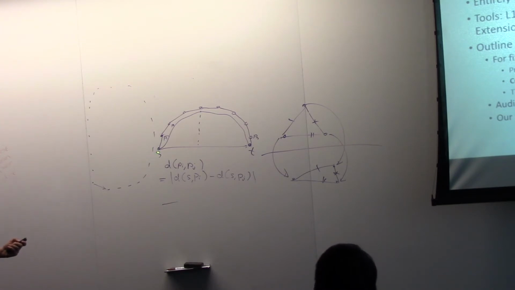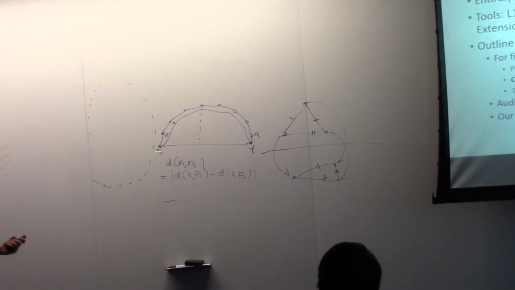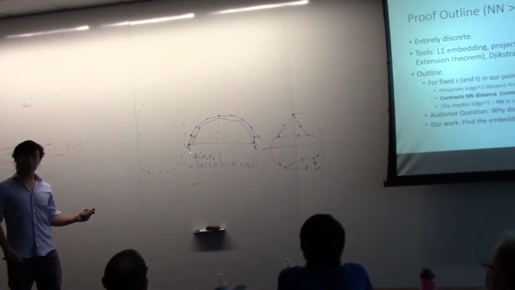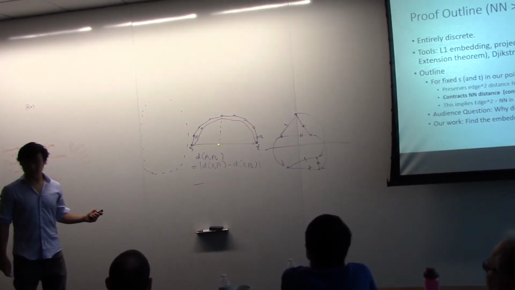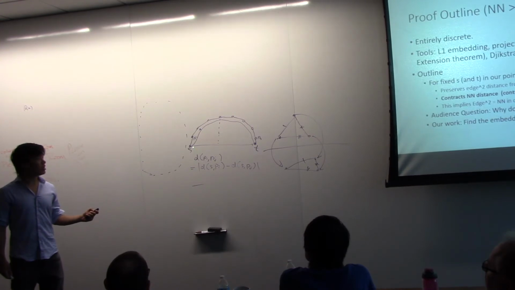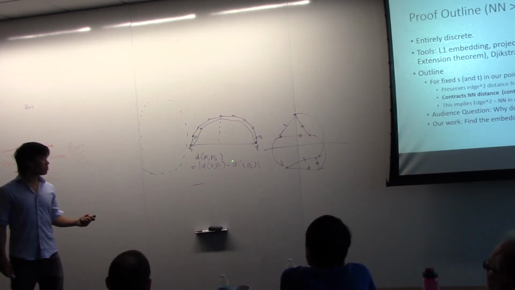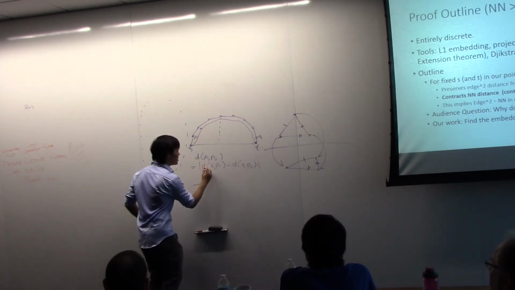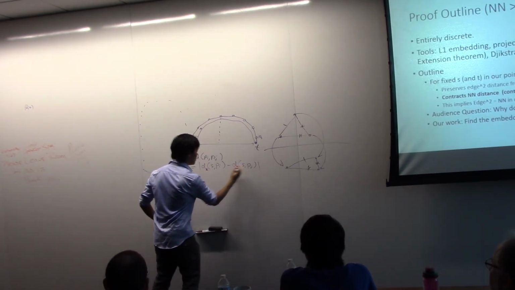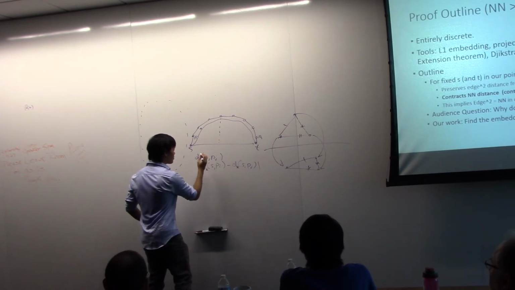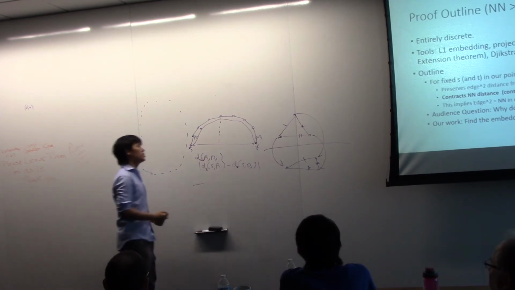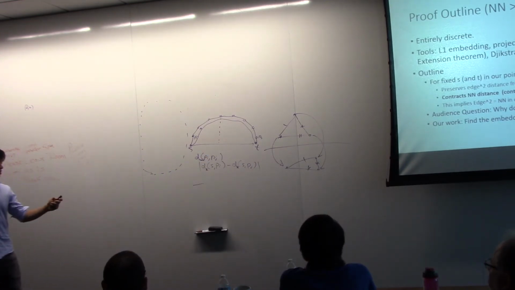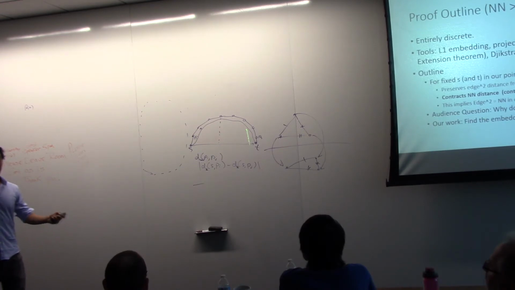We want a metric embedding from S that preserves the S to T edge squared distance. What we can do is start from S and run a Dijkstra's on the edge squared distance. Then we run a Dijkstra's on the edge squared distances from this point and embed that into a line.